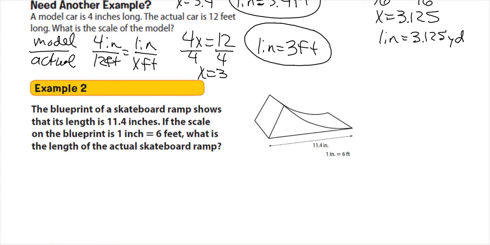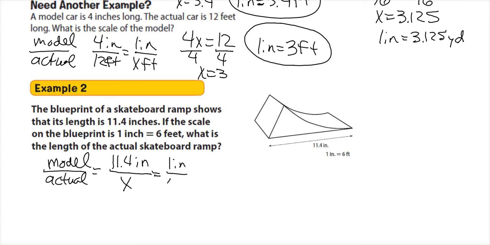So on the model, we know it's 11.4 inches. It wants to know what the actual is this time, so we don't know, so that's my x. Then they did tell us the scale, which was 1 inch equals 6 feet.